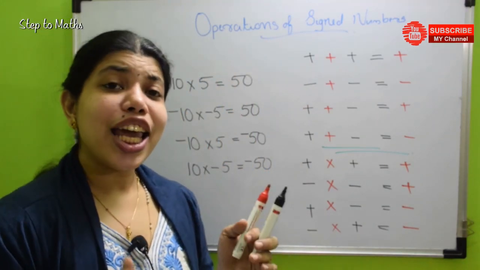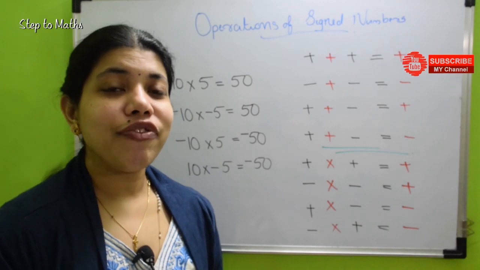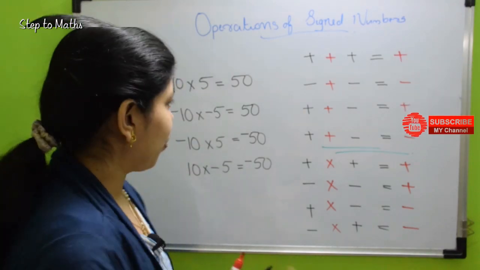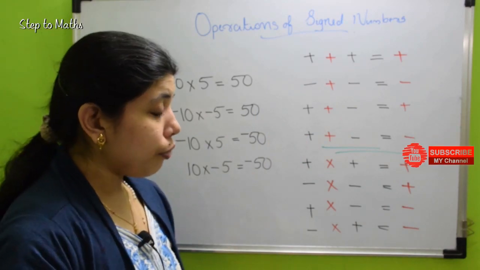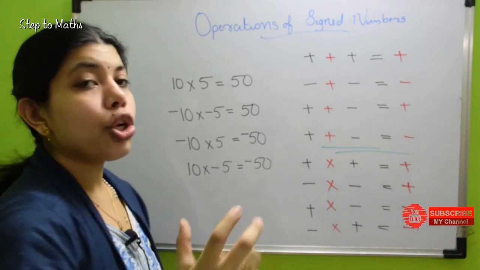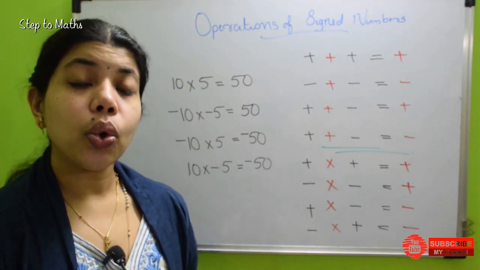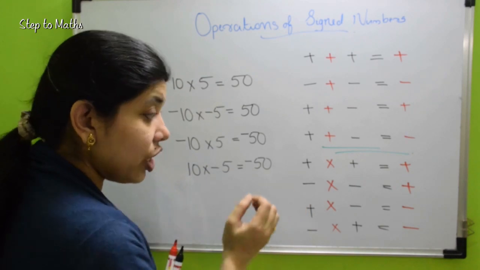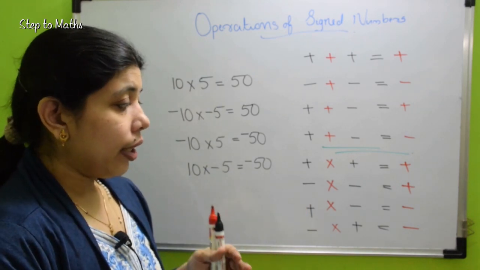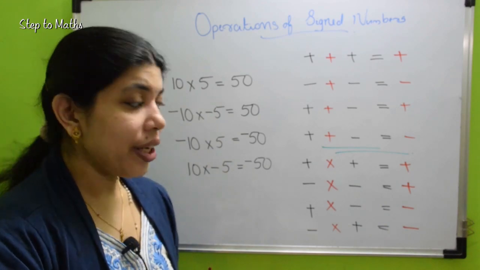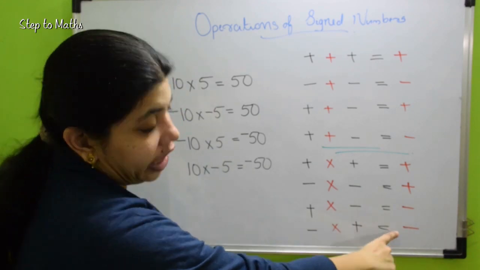And the same rule we apply when we perform the division of signed numbers also. When we perform division, if the two numbers have the same sign, the quotient is positive. If the divisor and dividend have different signs, then the sign of the quotient is negative.